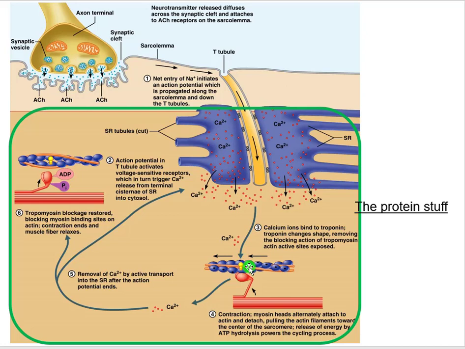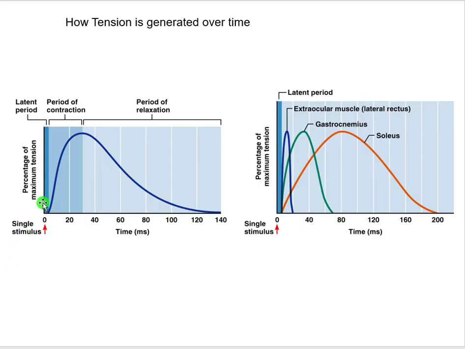And then a snapshot later, I've got 10 calcium ions bound. A snapshot later, I've got 15. A snapshot later, a millisecond later, I've got 20. And a millisecond later, I've got 50 of them. Because the first one out of the gates is the first one to arrive onto troponin. And so for that reason, what we're going to see is a ramping up period during that period of contraction. That's why it takes a little time.